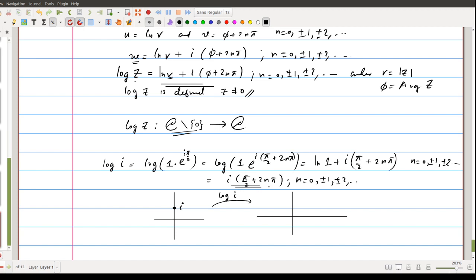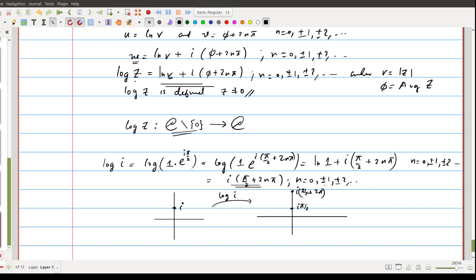If you put n is equal to 0, you will get i pi by 2. So that will be here. If you consider n is equal to 1, you will get i times (pi by 2 plus 2 pi). That will be here.